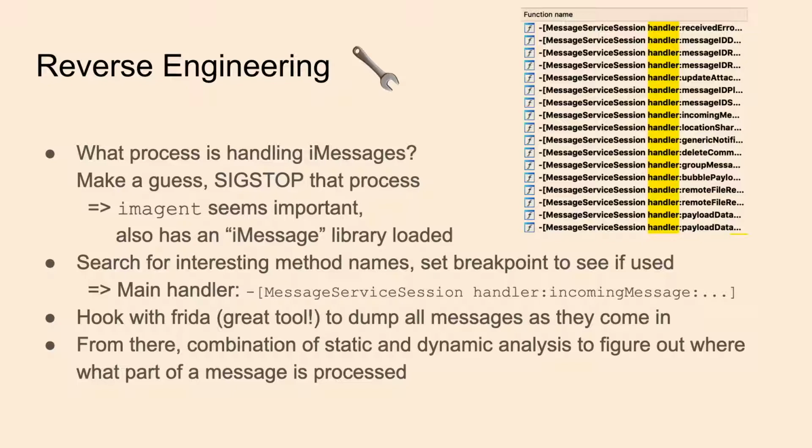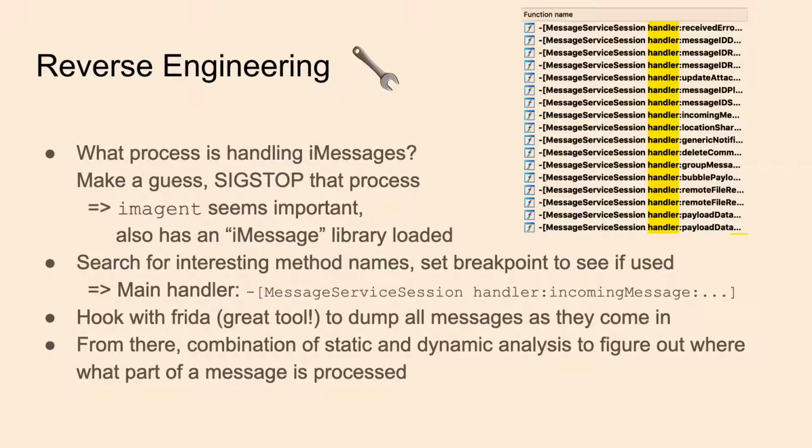The Mac can also receive iMessages. You stop one of these processes and see if iMessages are still delivered. If not, then probably you found a process that's somewhat related to iMessages. If you do this, you find IMAgent. It already sounds kind of related. If you look at it, it also loads an iMessage library. So, okay, this seems very relevant.